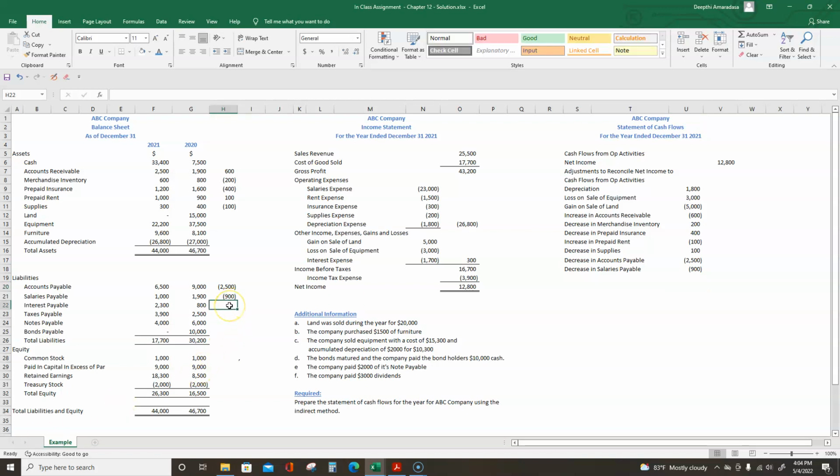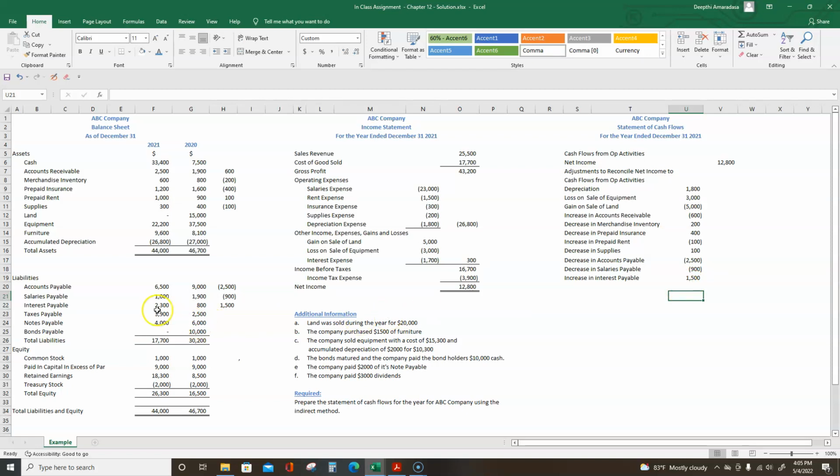What happened to interest payable? Interest payable increased. How much did it increase by? It's $1,500. So to calculate that, you take your $2,300 minus $800. That gives you $1,500. Because there's a direct relationship, this increase of $1,500 also causes operating cash flows to increase by $1,500.